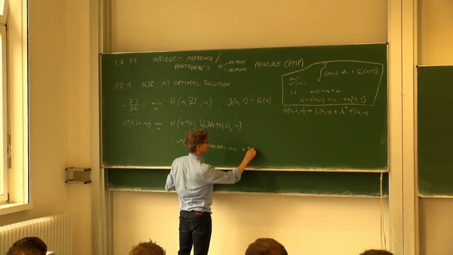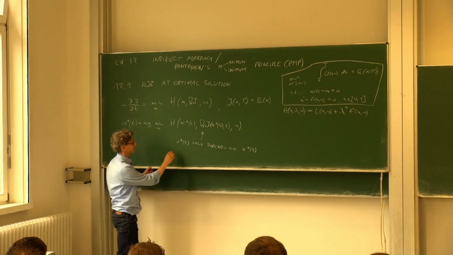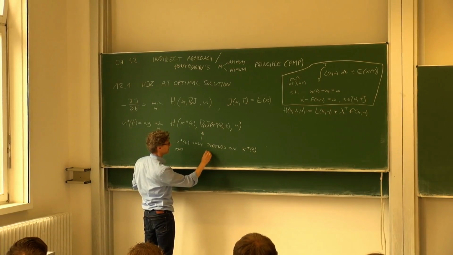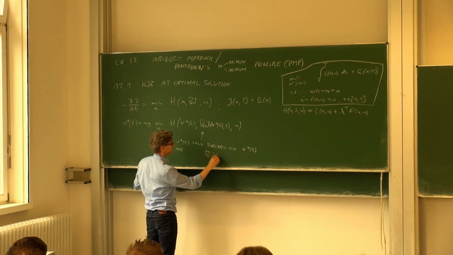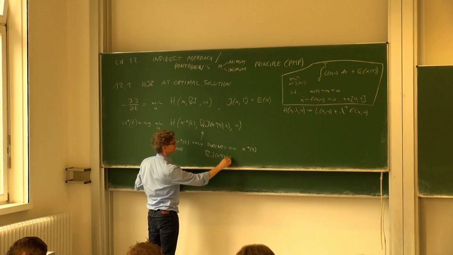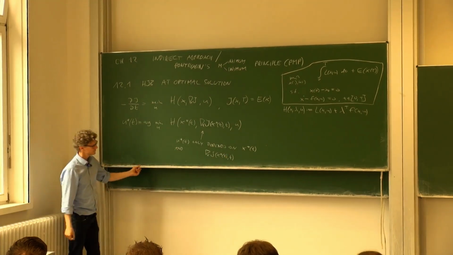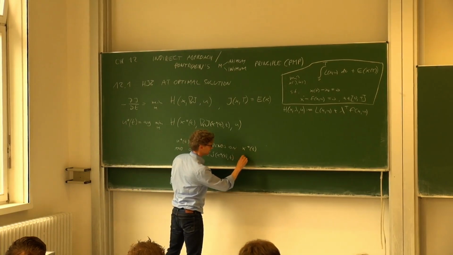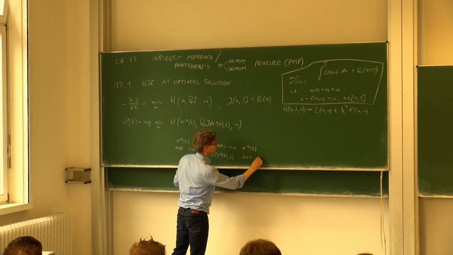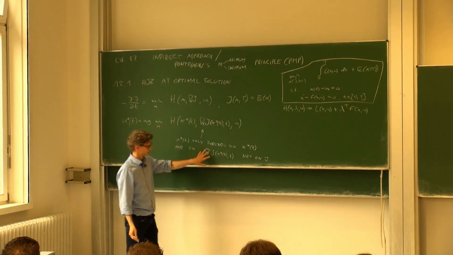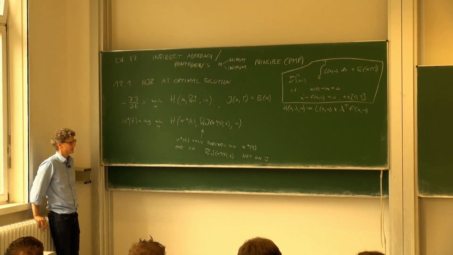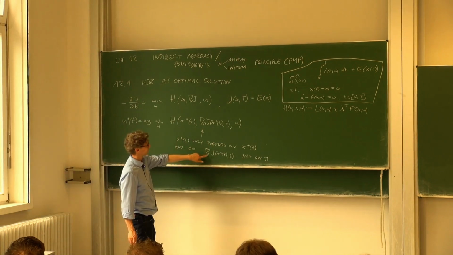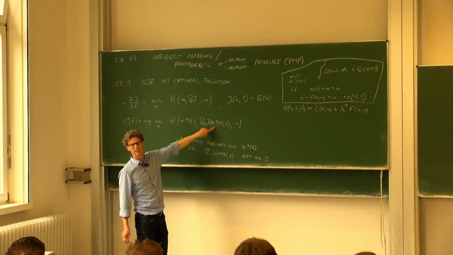On x star of t, and the gradient in x direction of the cost at the optimal solution, but not on J. That's only the gradient of J. So we don't really care about the value of J, we only care about the gradient of J, and we only care about the gradient of J on the optimal solution.